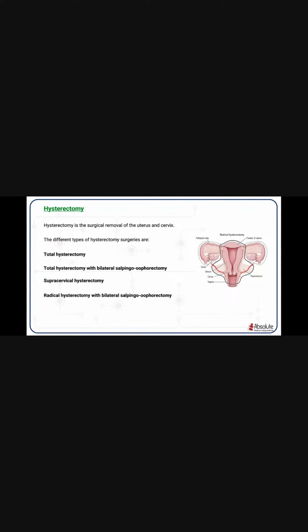And that's what we refer to as radical hysterectomy with bilateral salpingio-oophorectomy. So these are the different types of hysterectomy procedures.